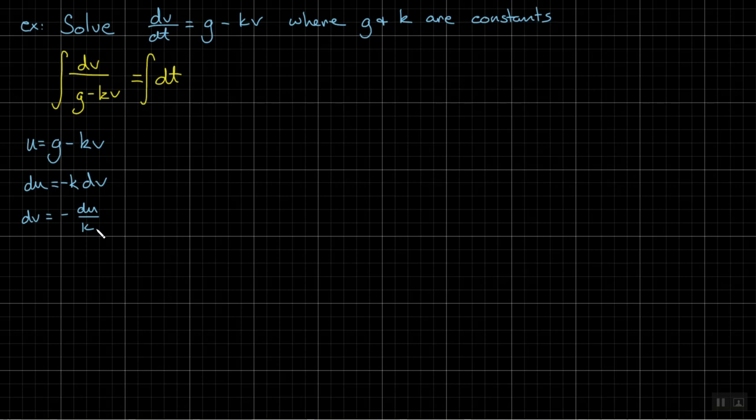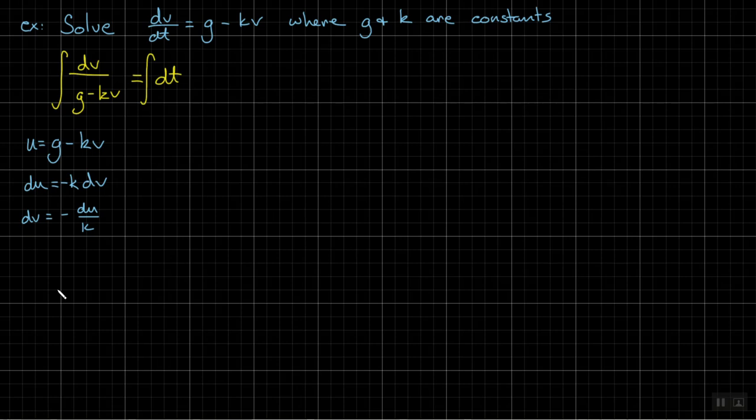Is this going to work nicely? Question, Riley? Or am I just writing too small? Okay. What's the constant multiple that comes out of this? Negative 1 over k.